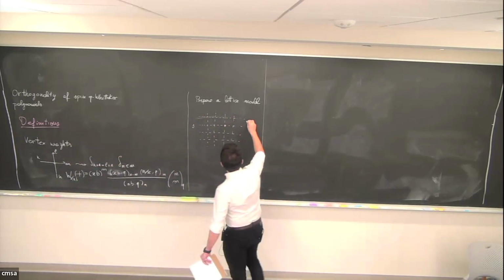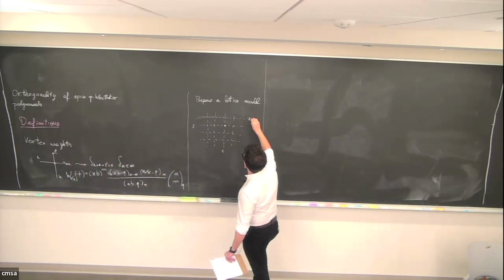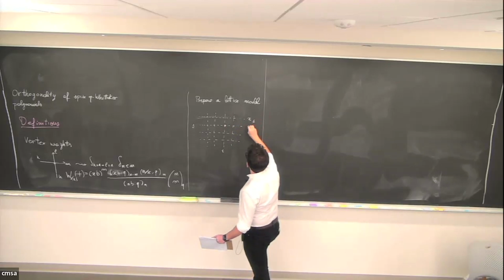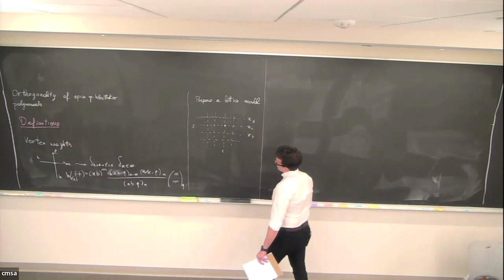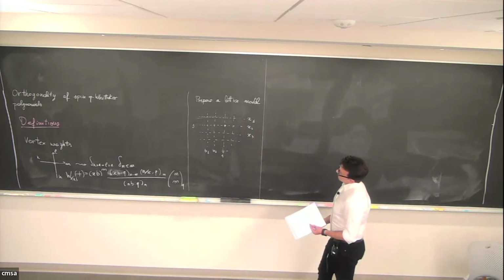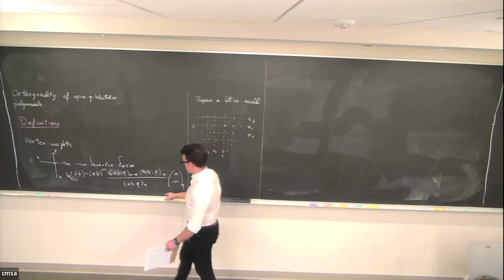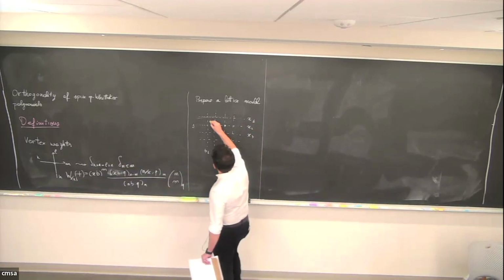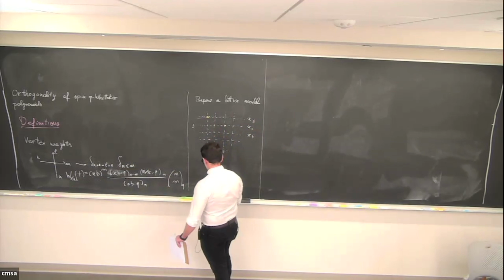Each row gets an x parameter: for example, the top row gets x1, the second row gets x2, x3, and so on. The first column gets a parameter, let's say b1, b2, and so on. Finally, we associate the third set of parameters, the a's in the vertex weights, in a diagonal fashion.